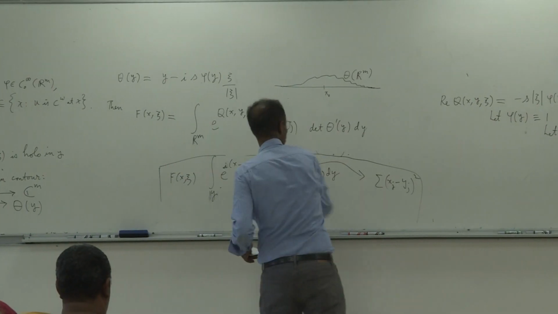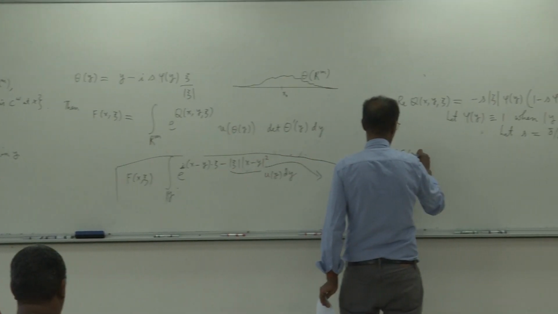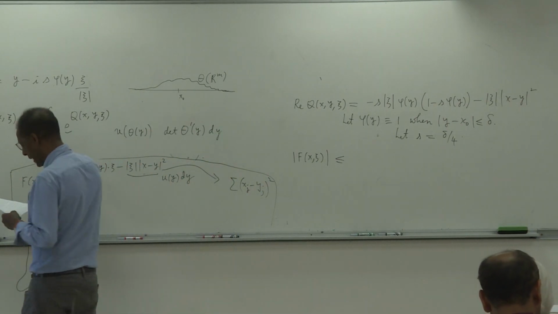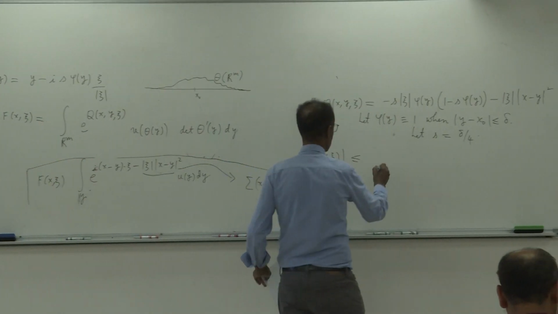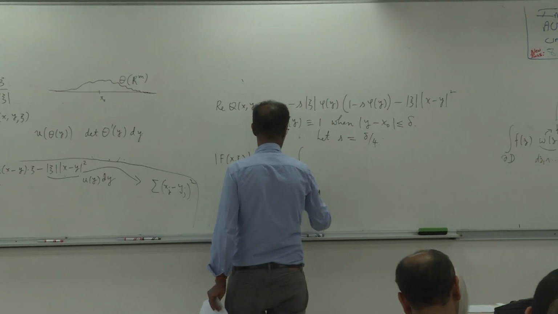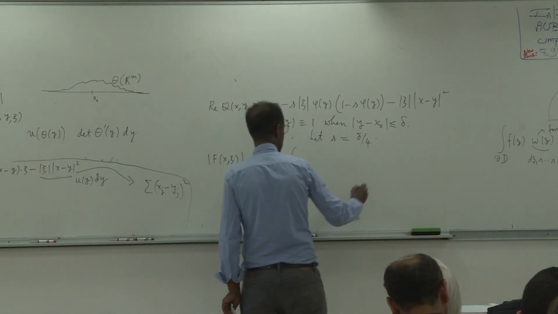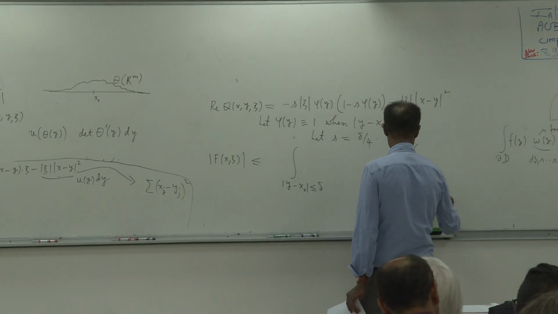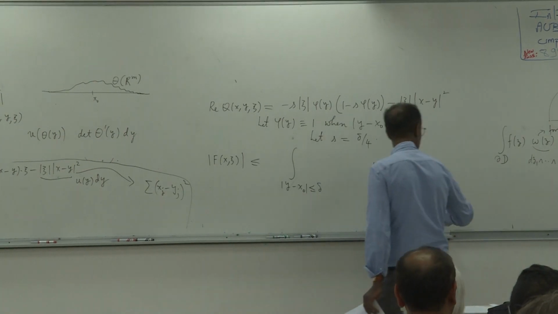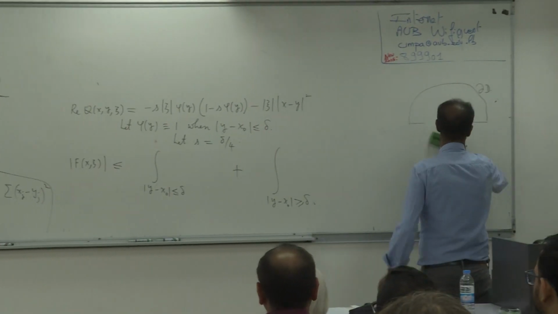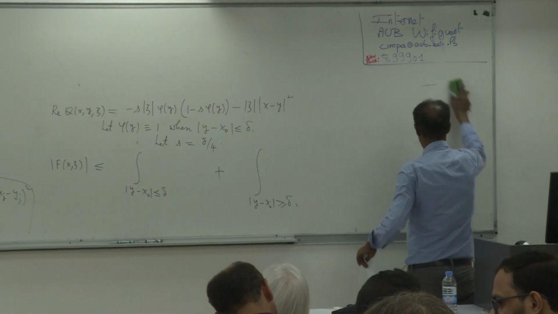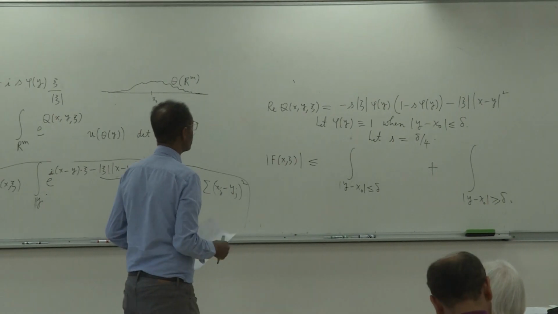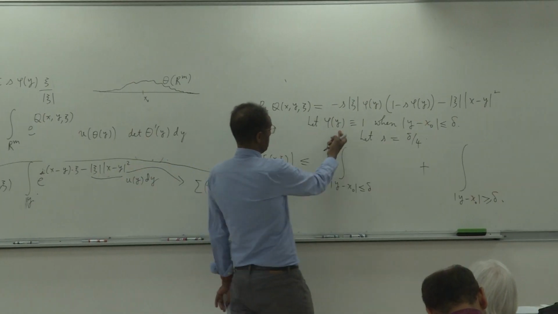So let me now estimate the FBI transform. It's less than or equal to, I break up this integral into two parts: a part where y minus x naught is less than or equal to delta, and a part where y minus x naught is bigger than or equal to delta. On the first part, phi is 1.